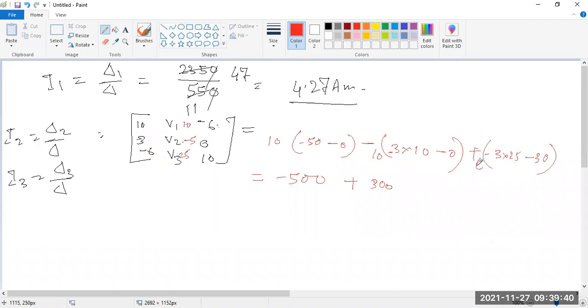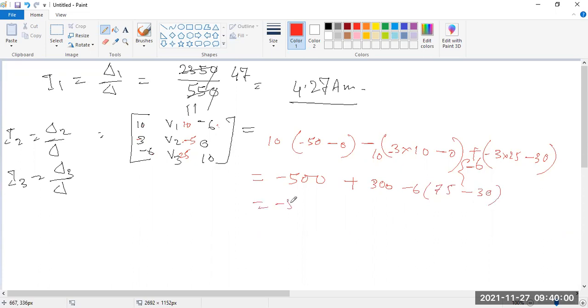Sorry, here 6 is there, it is also minus. So what happens? Look, this will be coming ultimately 6 into 75, this is minus 6 of 75 minus of 30.